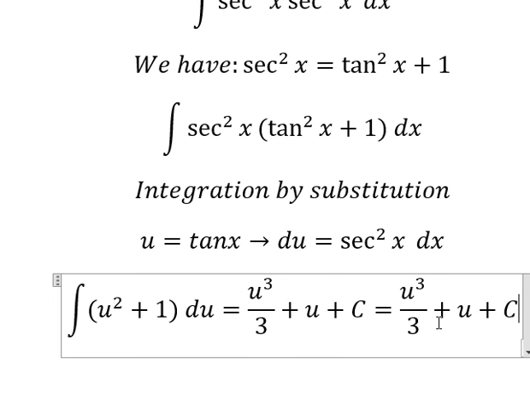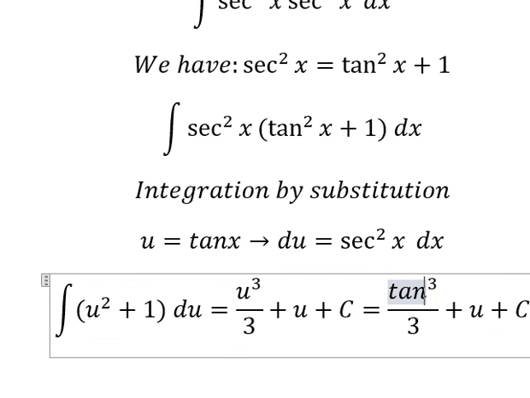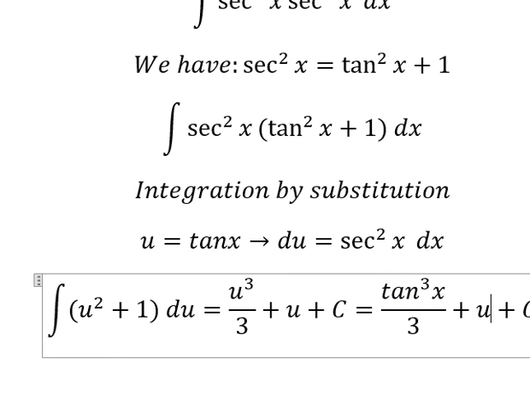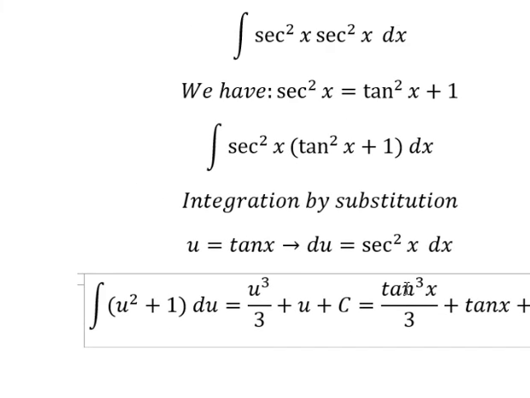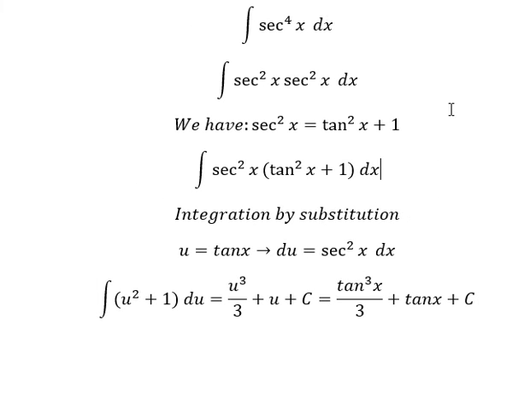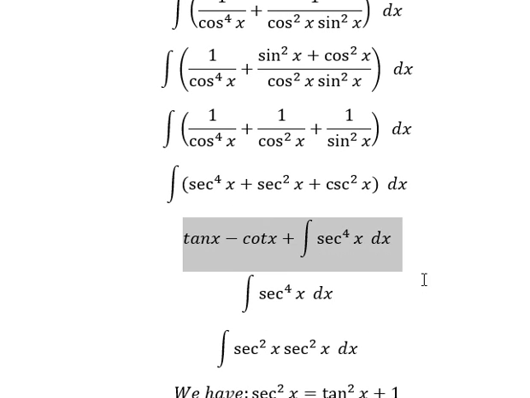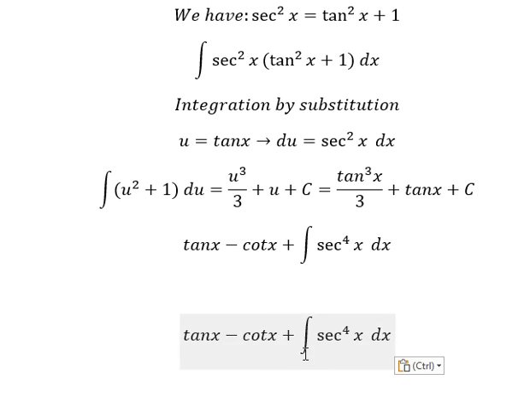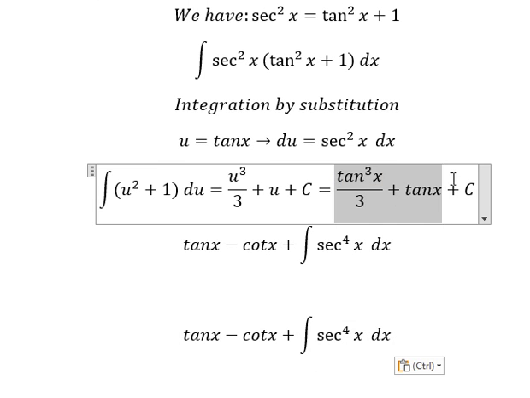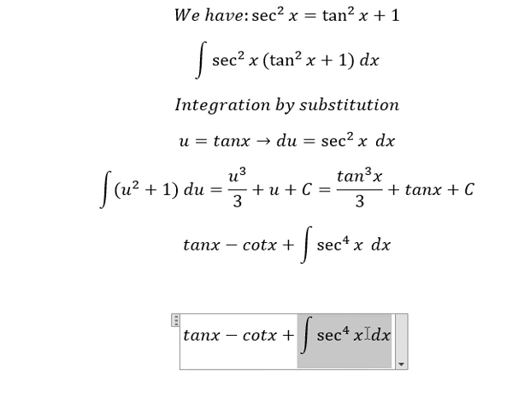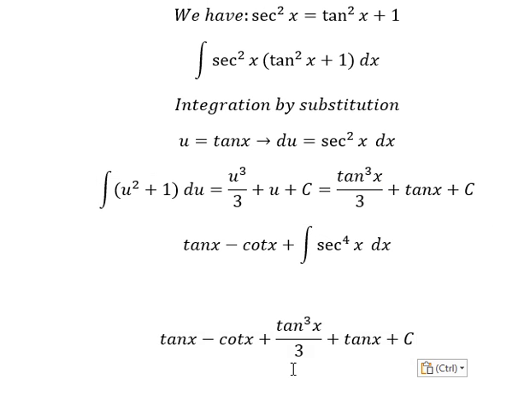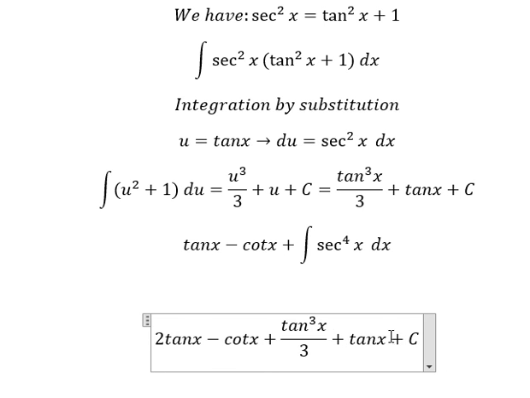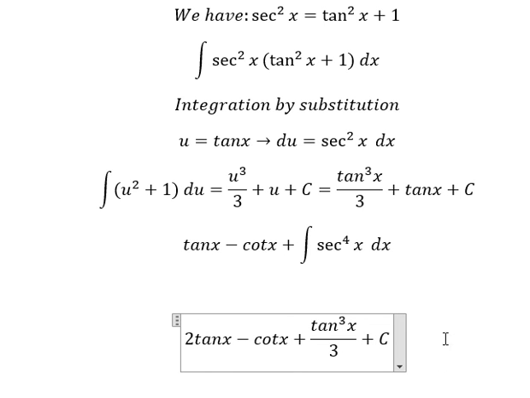About u, that is about tan s. Now we go back in here. So the integration of this one, that is about this one. Tan s, we have 2 tan s. And this is the final answer.